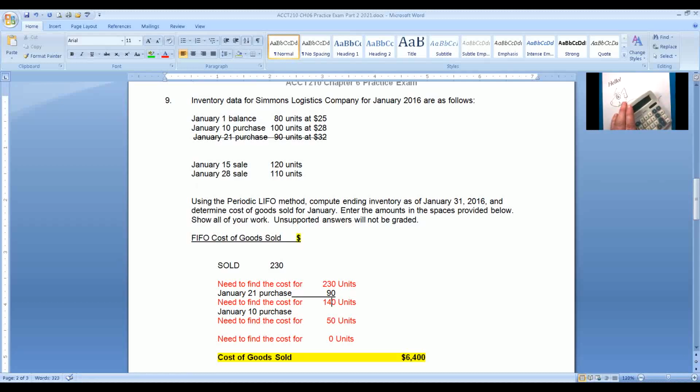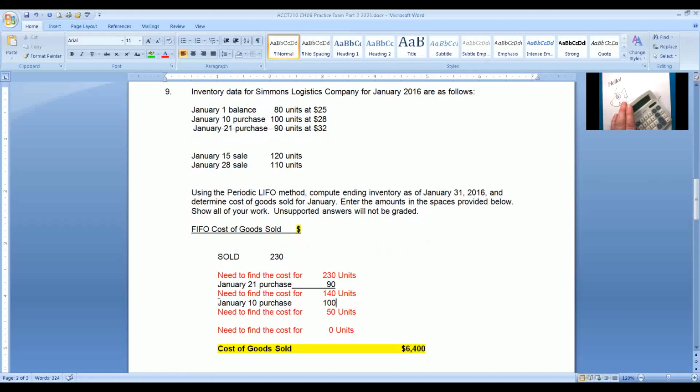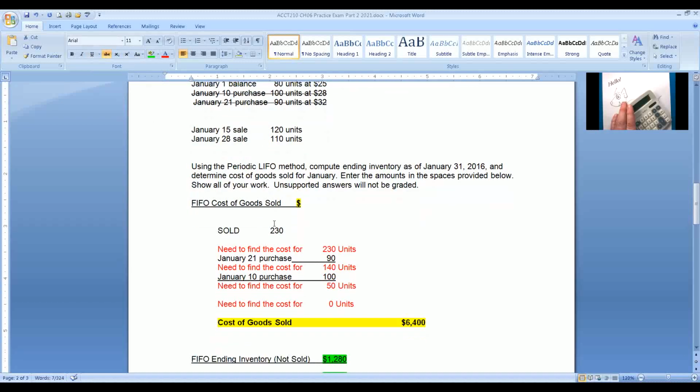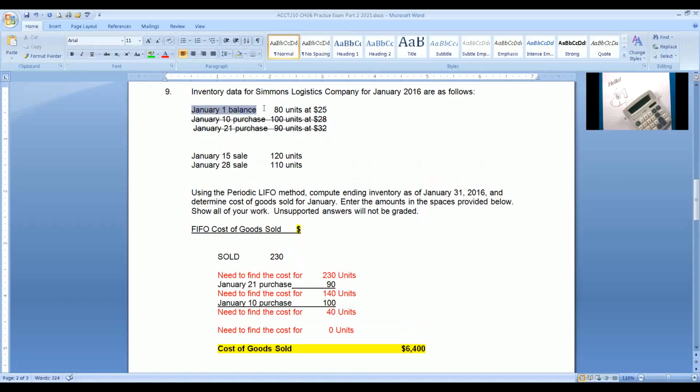Okay, and then we had a purchase of 100 on January 10th. I guess it's the same as before, right? The middle ones got sold in both cases. So those are gone. They're never coming back. We need to find the cost for 40 of them. And so we'll go down to the first one.